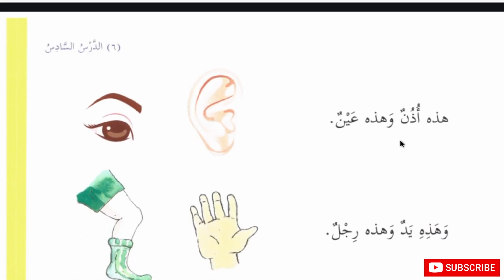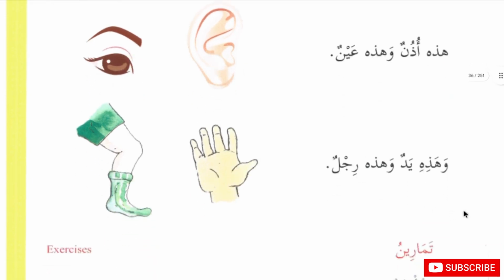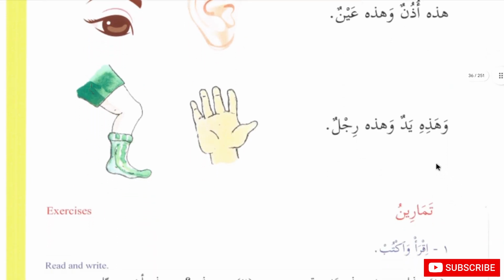هذه أذن وهذه عين. أذن means ear, عين means eye. These come in pairs, meaning you have two eyes and two ears. So the single will be feminine. It's a rule in grammar. So هذه أذن. This is an ear. وهذه عين, and this is an eye. وهذه يد.